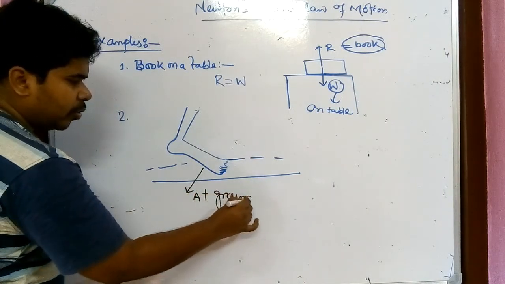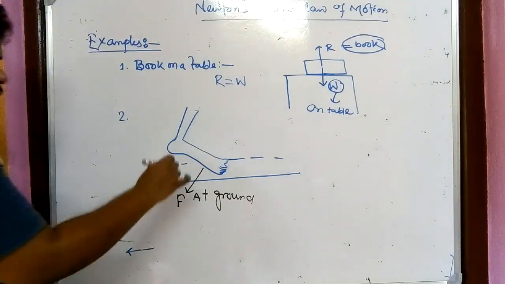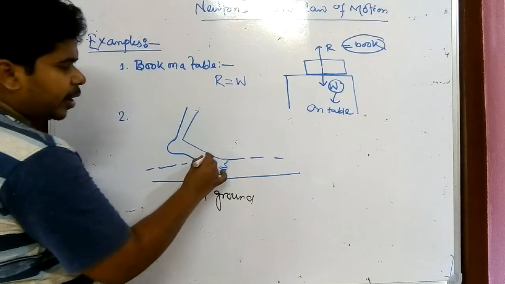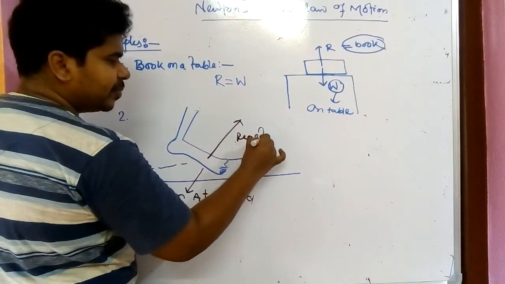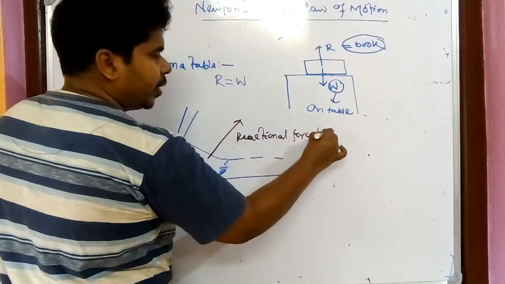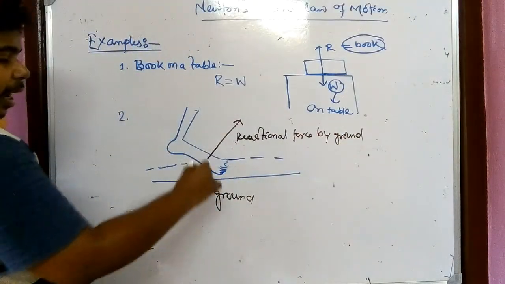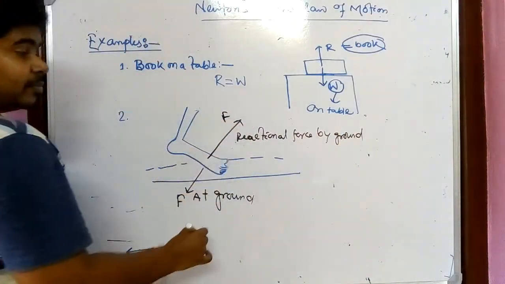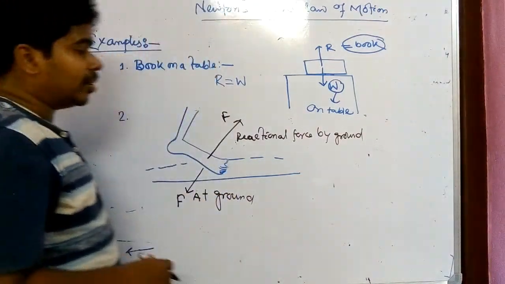At the ground, we are applying a force F. And due to that, the ground gives a reactional force to you, the reactional force by the ground. Okay, and that should be the same, and by that reaction you move in the forward direction.